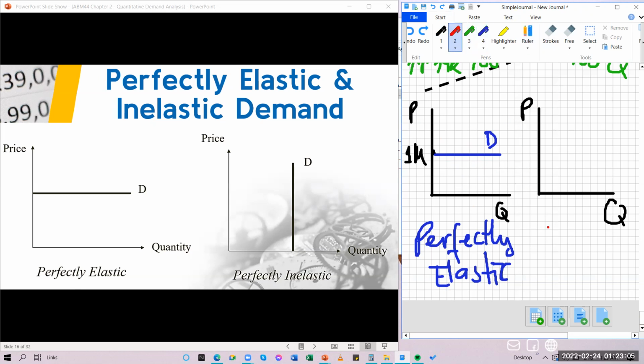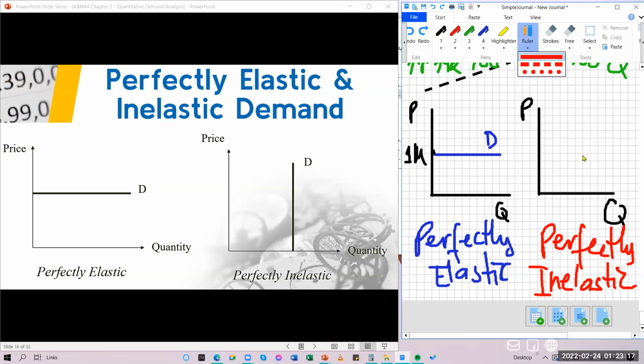How about perfectly inelastic? Perfectly inelastic. This is a different concept, because the concept for perfectly elastic is based on price, while this one is based on demand.